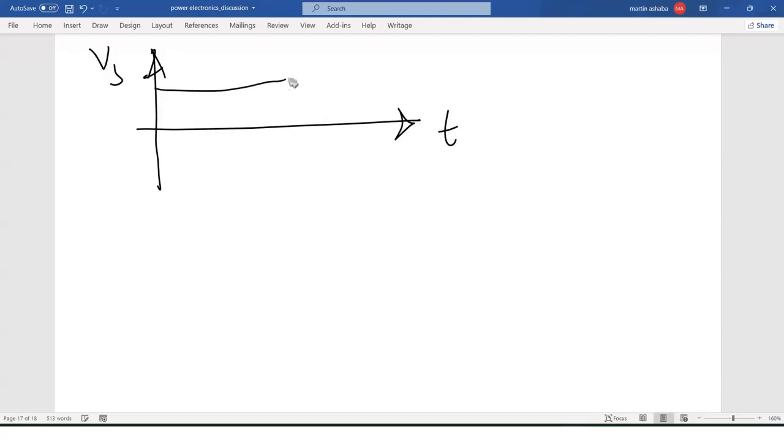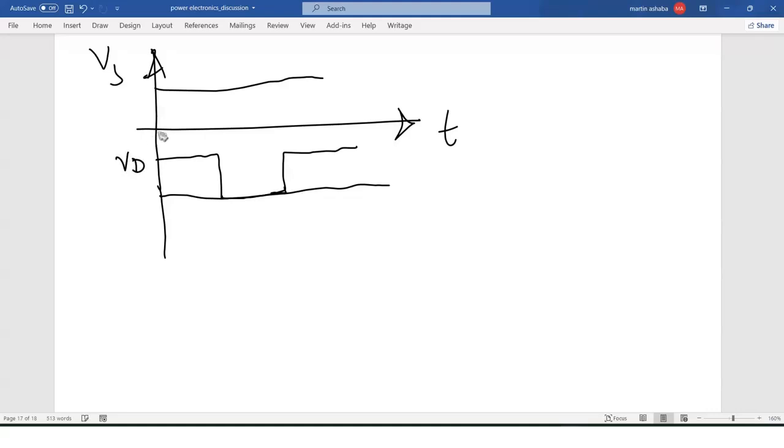So what does that mean? To draw the voltage curve, I will say this is Vs and this is time. The voltage supply is a constant. Then we have to also look at when the diode is conducting and when the diode is not conducting.